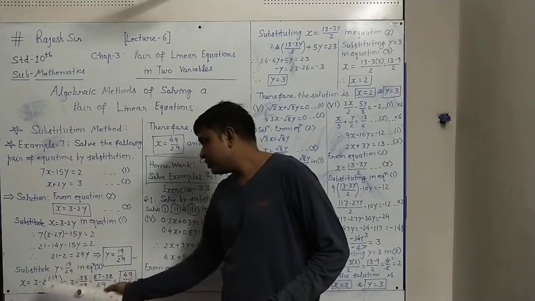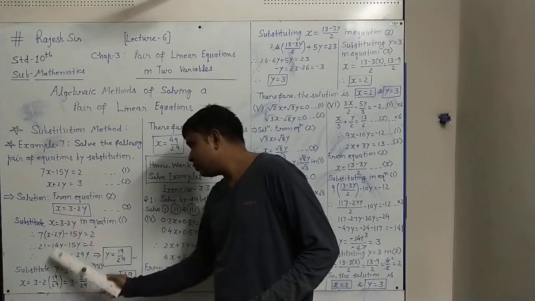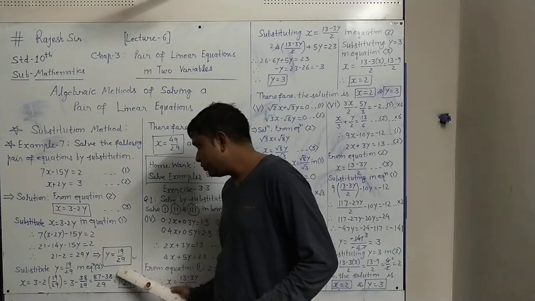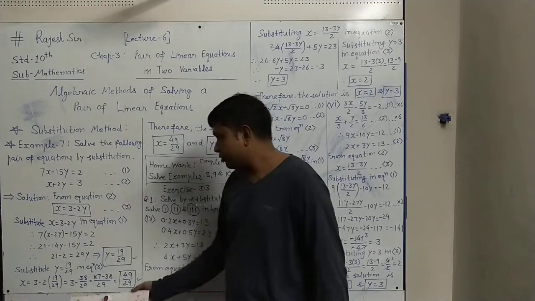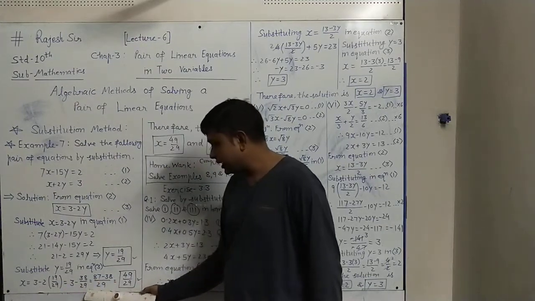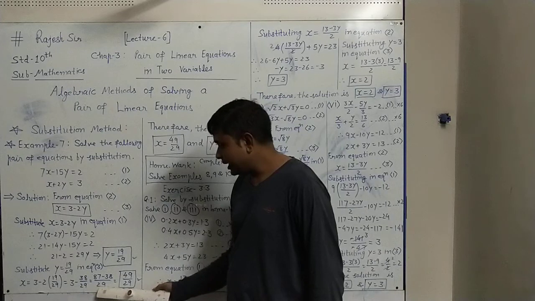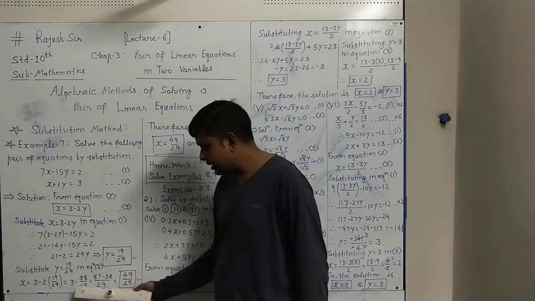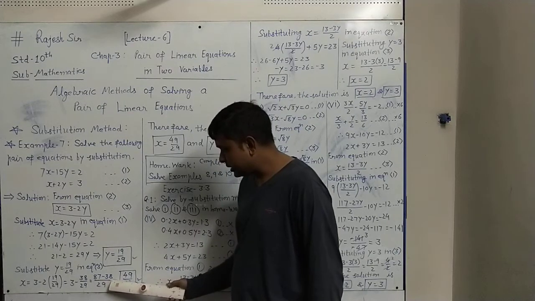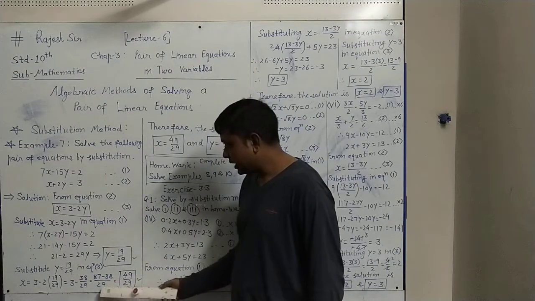In that you place it. So x equals 3 minus 2 times y. In place of y, this value 19 upon 29 we place. So it will be 3 minus 38 upon 29. So 29 is the LCM. 29 times 3 is 87, minus 38. 87 minus 38 will give 49, and down there 29.